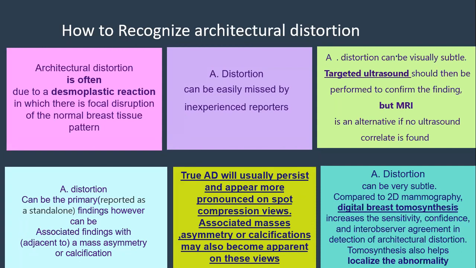But the architectural distortion can be seen in the vicinity of a mass. You might have a mass, and in the surrounding or adjacent parenchyma you would find an architectural distortion. Or it can be associated with asymmetry, calcifications, or other findings.